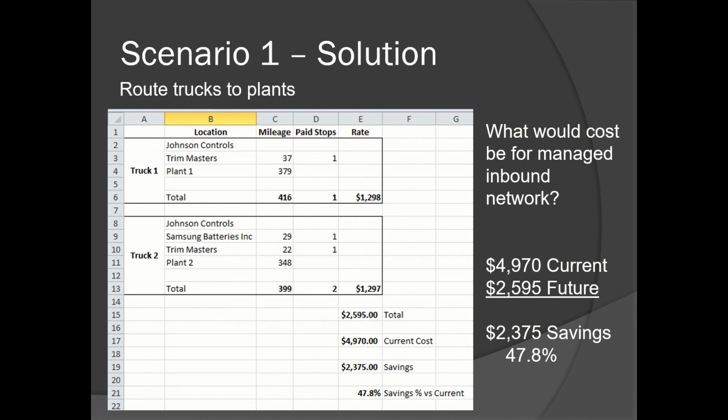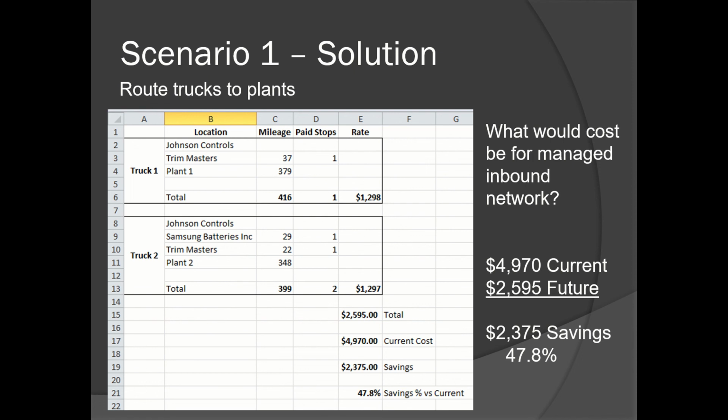So again, I said this in class, but just to be really, really clear, a 47% savings is huge, right? And you're not going to do that on every route every time, right? But you may save $2,300 on this route, which if this is a weekly shipment, you've now saved over 100 grand with one routing change, for the year, right?